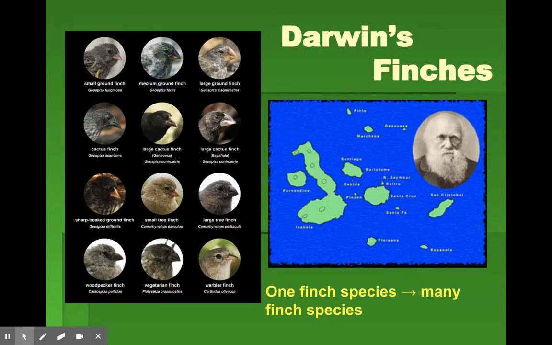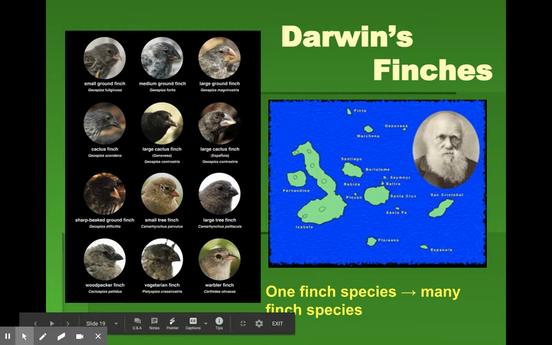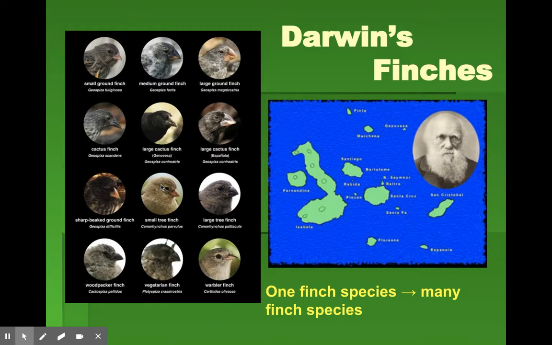One example of natural selection that Darwin saw on his journey to the Galapagos Islands was with finches. Each of these is a different type of finch that he saw while on his journey in the Galapagos Islands. Each of these kind of lived on separate islands. Each of these finches had a specific characteristic that helped them survive in their area. Some of them had larger beaks than others in order to eat certain foods. Some of them had smaller beaks.